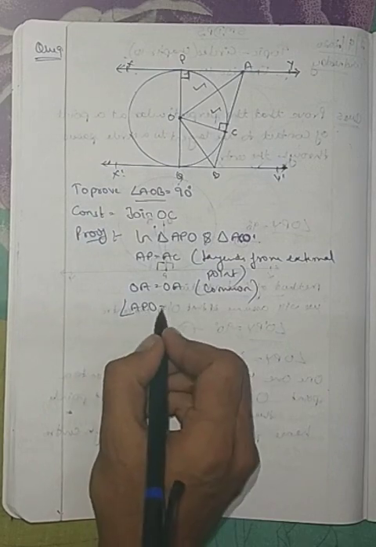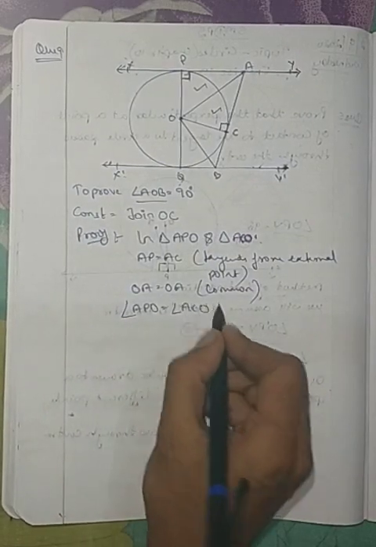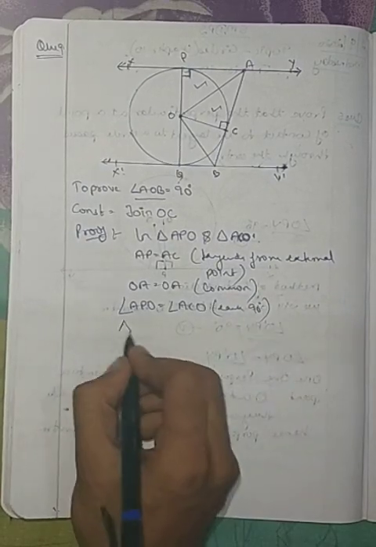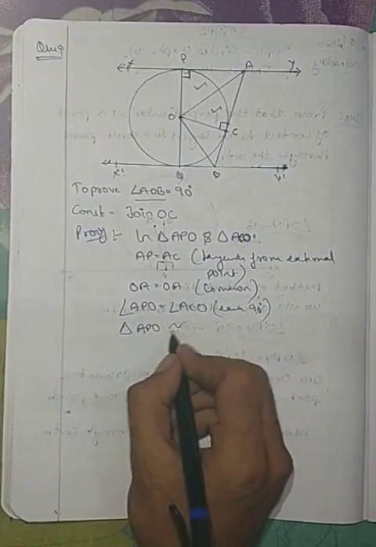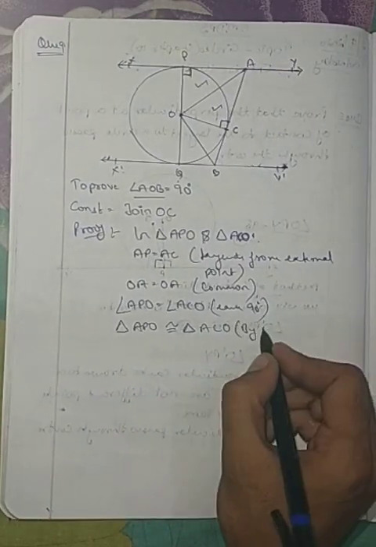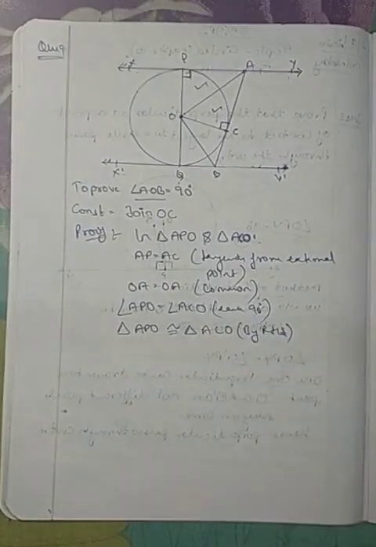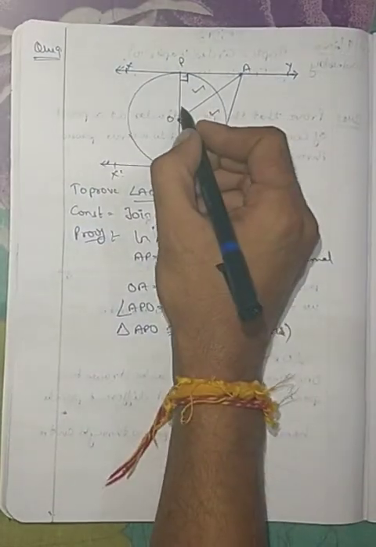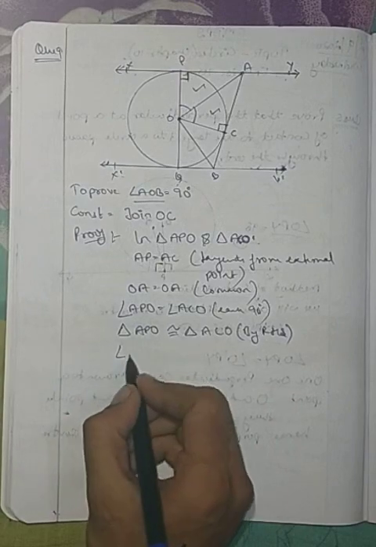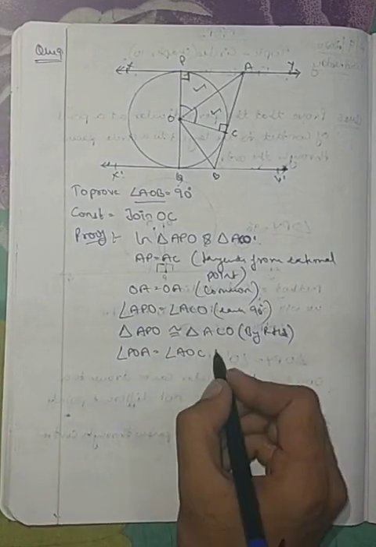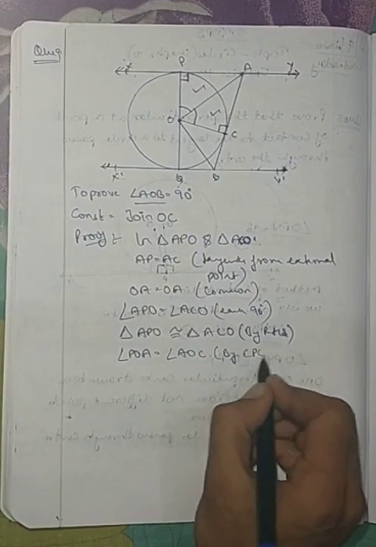Angle APO is equal to angle ACO, each 90. Therefore, triangle APO is congruent to triangle ACO by RHS criteria. If these two triangles are congruent, so what about these two angles? Angle POA is equal to angle AOC by CPCT.